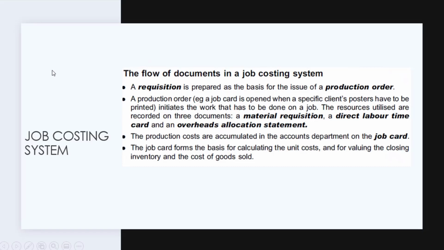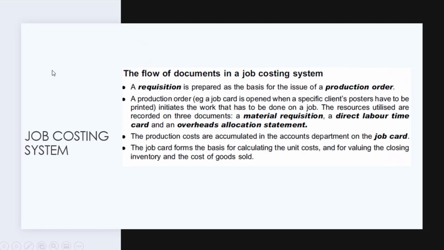I want my car seats to be stitched in white. I need the color of the car seats to be orange. You are specific as to what it is that you want. So there's a requisition form that's being prepared for this special kind of order.